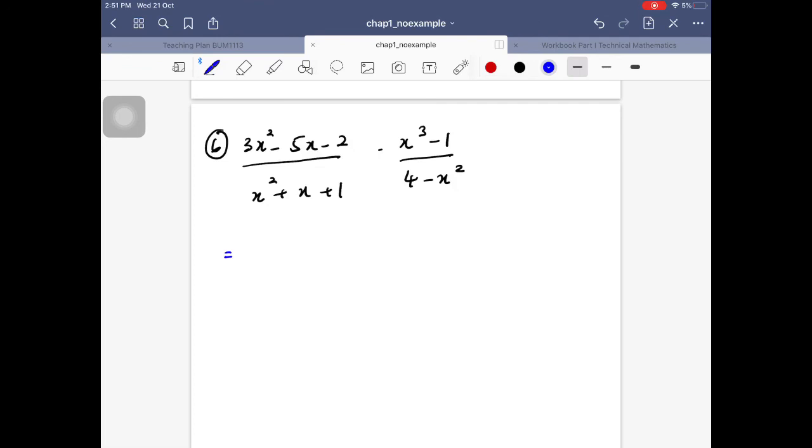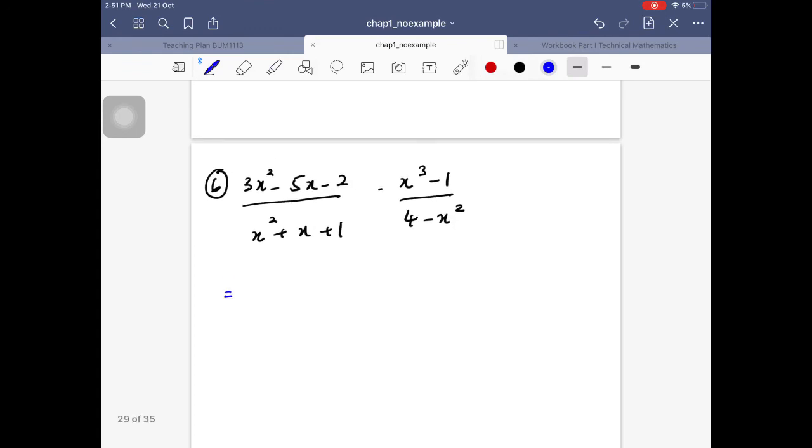When I factorize the top, I would like to warn you. Let me try to factorize this by using the calculator. I'll enter 3, negative 5, and negative 2. It will give you the roots 2 and negative 1 over 3.